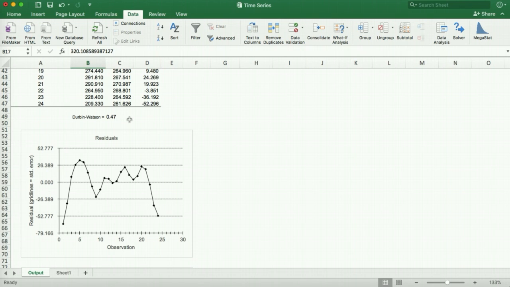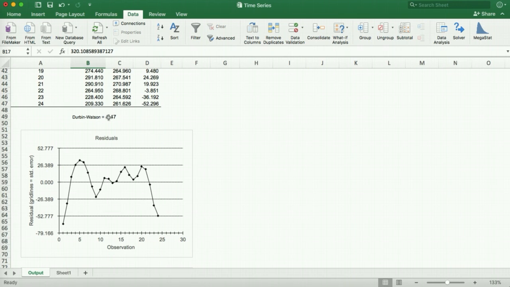In this case, it's 0.47, and in order to test for positive or negative autocorrelation, we have to compare this to a lower and an upper limit using the Durbin-Watson table. Now, using the table for k equal to 1 and n of 24, the lower limit should be 1.04 and the upper limit is 1.2.